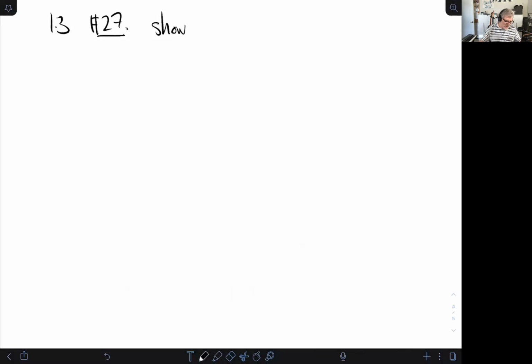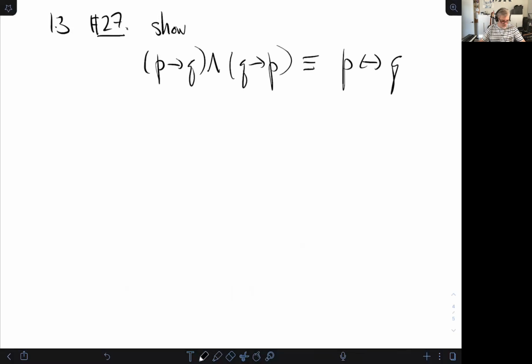I don't think so, it's in the slides somewhere, but I didn't spend too much time on it, if at all. So we're asked to show that if P then Q and if Q then P is logically equivalent to P if and only if Q.